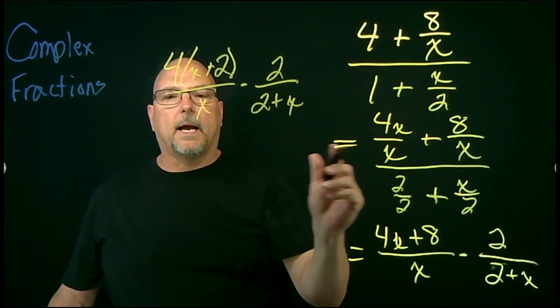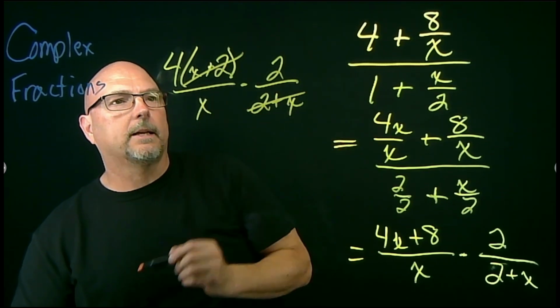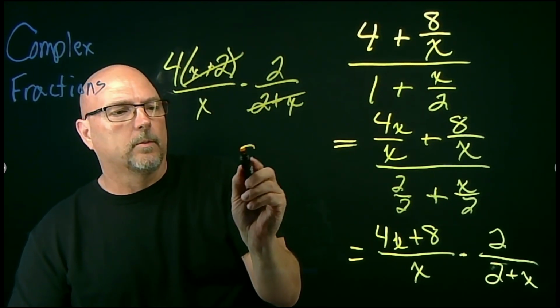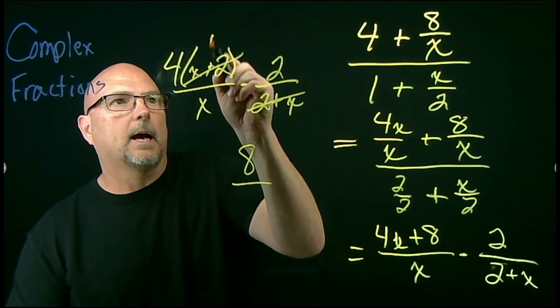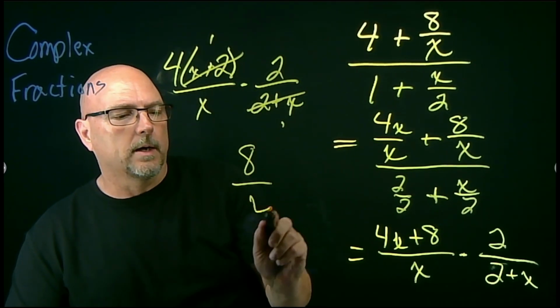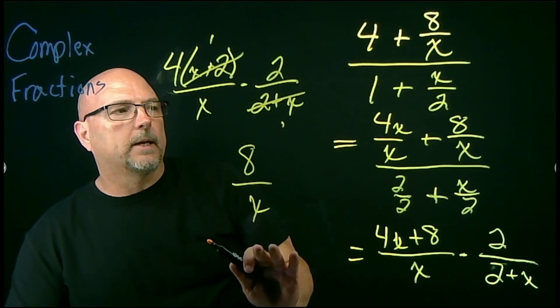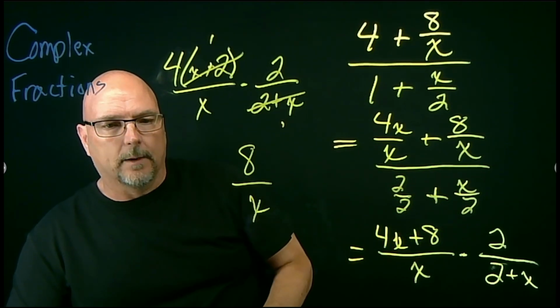So by doing that, we can cancel out common terms. When I multiply numerator times numerator, I end up with 8, and denominator times denominator, that's just x times 1, becomes 8 over x. So that's one way of doing this. Get a common denominator, reciprocate, and multiply.